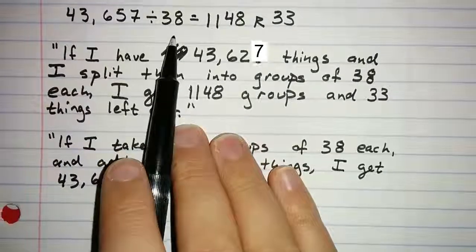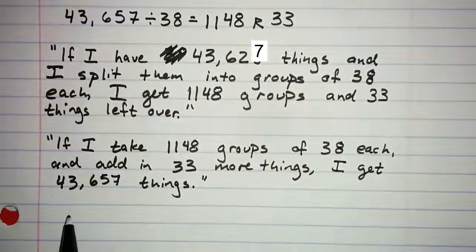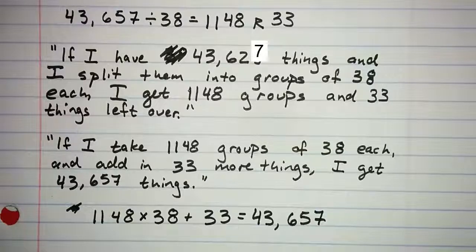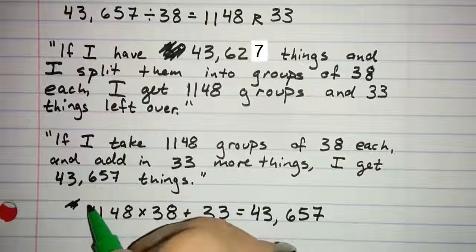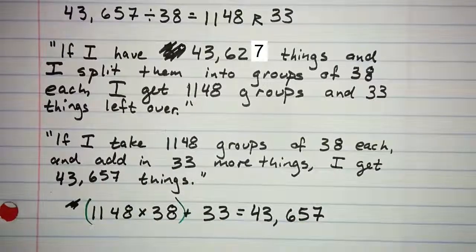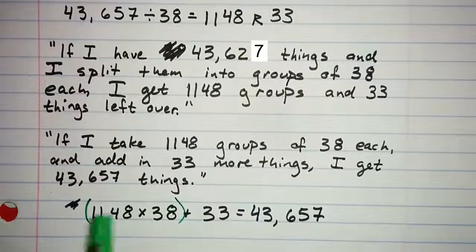This sentence means the same as 1,148 times 38 plus another 33 gives 43,657. If I like, I can put in parentheses here to emphasize that I need to do the multiplication first. Though, of course, I need to do the multiplication first regardless.